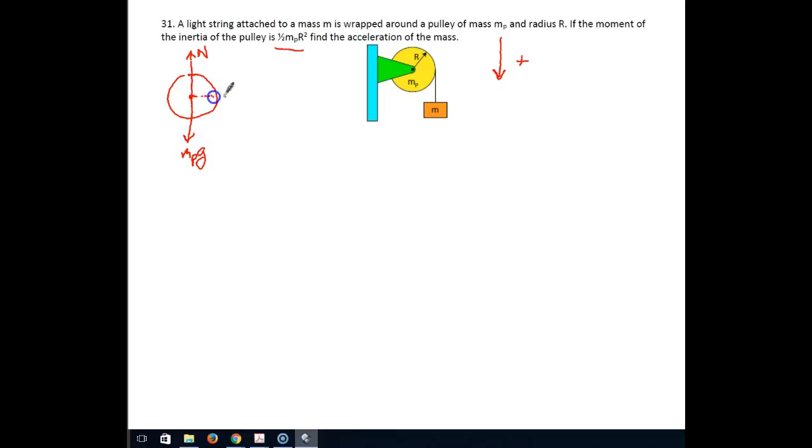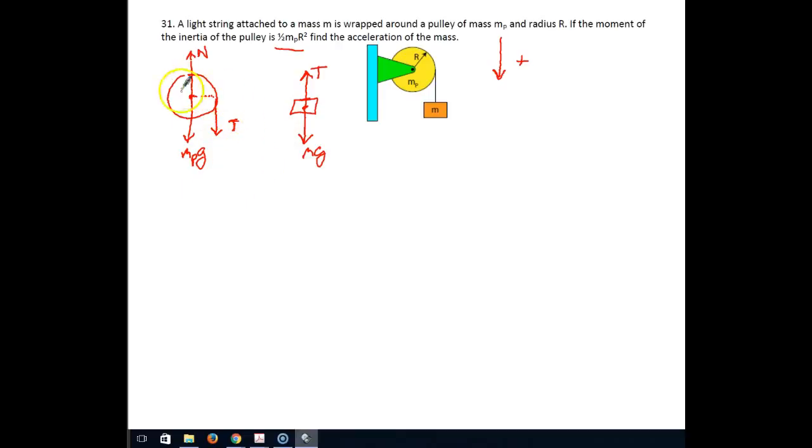And then we also have a radius, but in addition to that, we have a tension that is pointing down. That tension is in a string, and it's equal to the tension on the mass that's pulling down on that pulley. So we've got the mass times gravity, and then going up for the box, we have tension. So these two tensions should be the same.